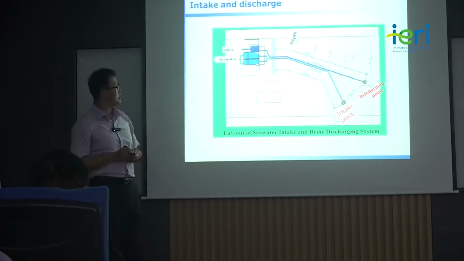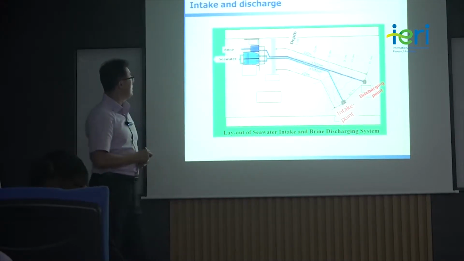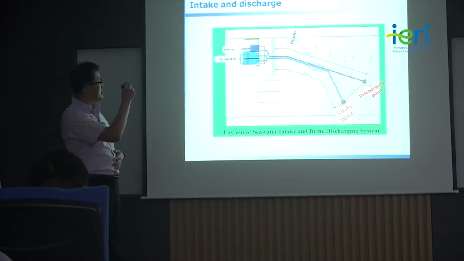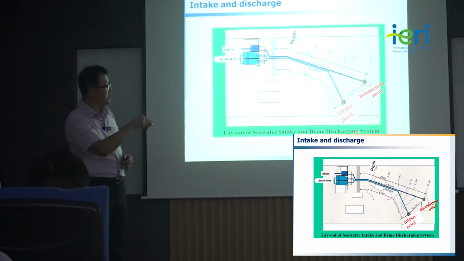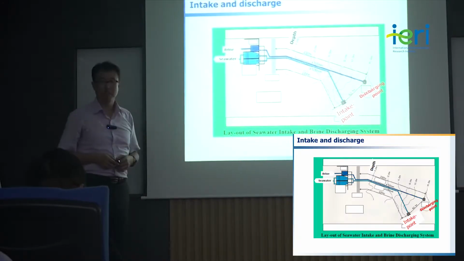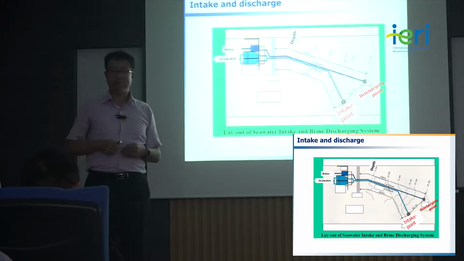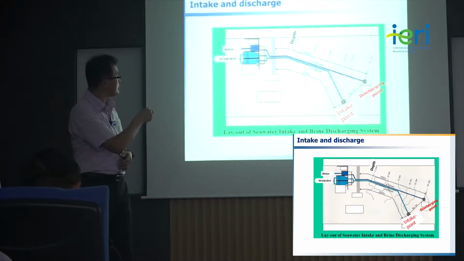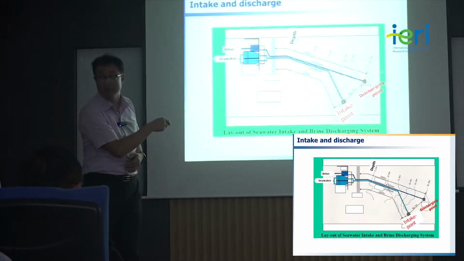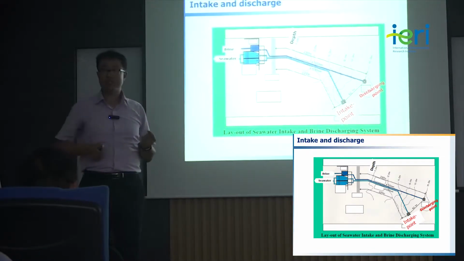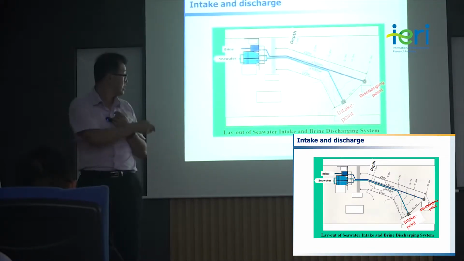And let's see a top view. This is the desalination system. This is the intake point, and this is the discharging point. At the discharging point, the concentrated water comes out, meaning the concentration of the concentrate is higher than the seawater.